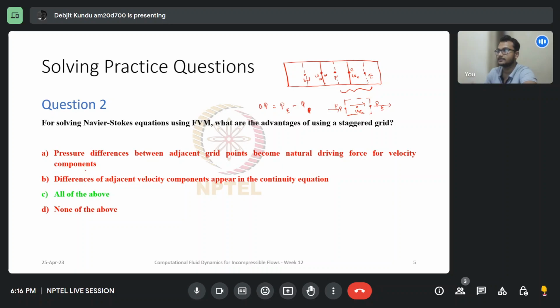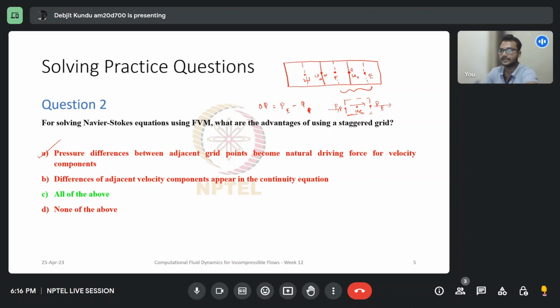So that's why the first statement, that pressure differences between adjacent grid points become natural driving force for velocity components, is true. And this is the same thing in the y direction also. I showed in only one dimension. So in 2D, 3D also the same argument applies.